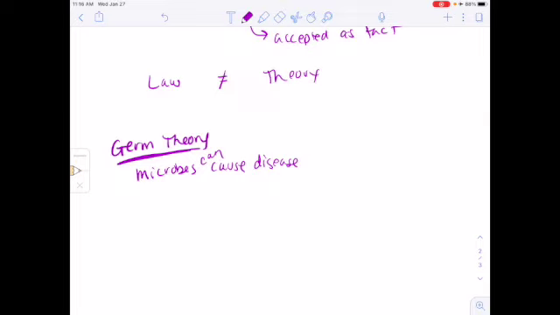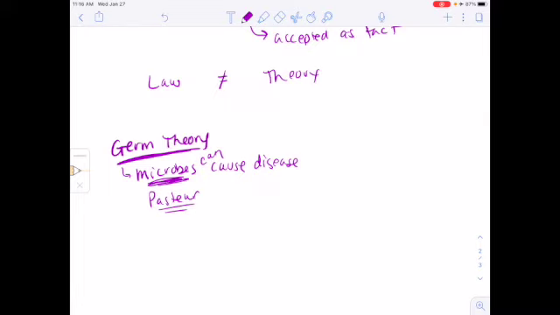Sometimes it's a microbe in the air that you breathe in. People also used to believe, thousands of years ago, that if someone developed an illness, they must have done something wrong in their lives. They must be bad people, sinners. No, microbes can actually cause disease. And Louis Pasteur was the first person to postulate that.